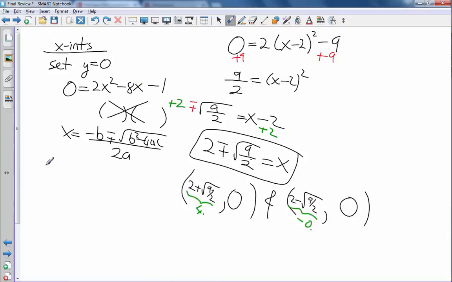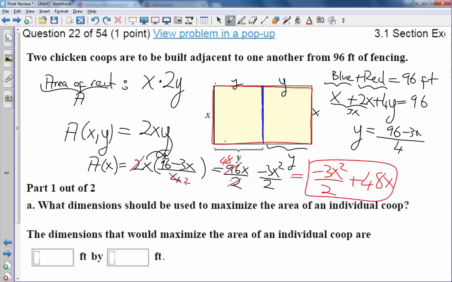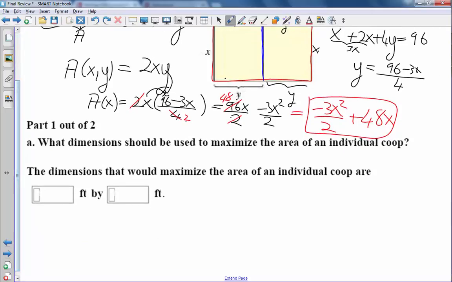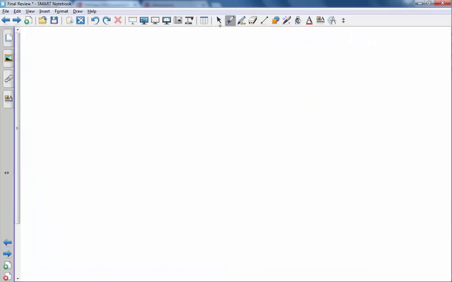Alright, here is our question. I'm going to move it to the next page. Minus 3 over 2 x squared plus 48x. Let me call the last number, it's 0 if you want. This is your quadratic equation.